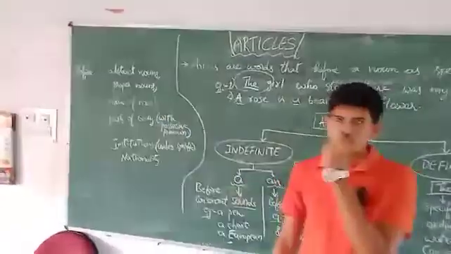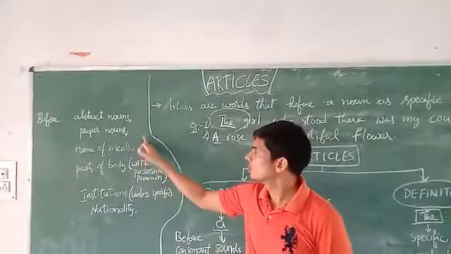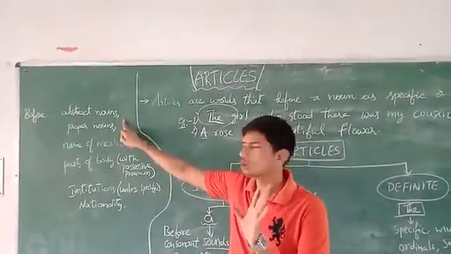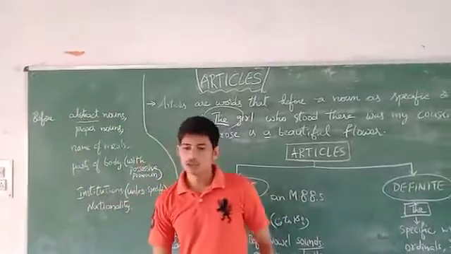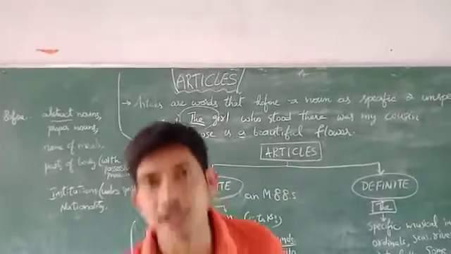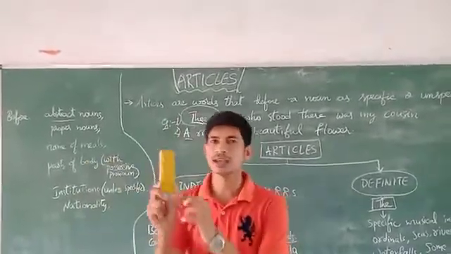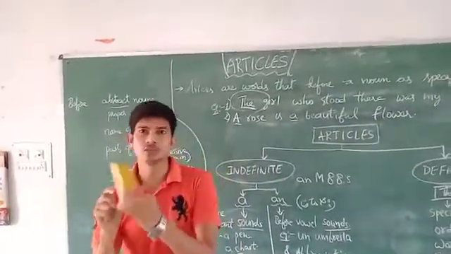Now, where the article is not used: before abstract nouns, we need not use articles. What are abstract nouns? If a certain noun appears, for example, you can say it is a duster. I can name it, I can directly show it. So it is called a concrete noun.